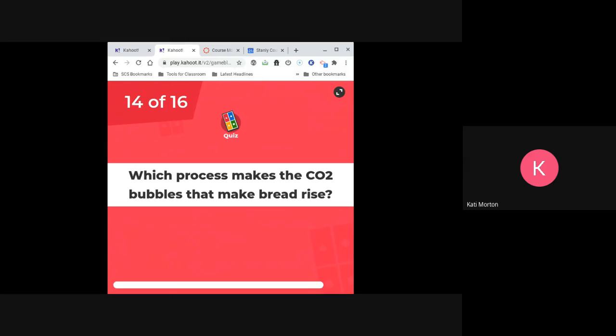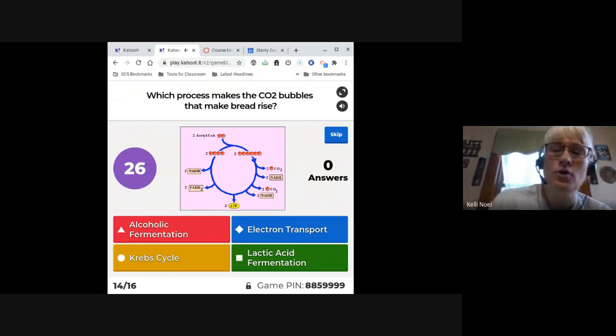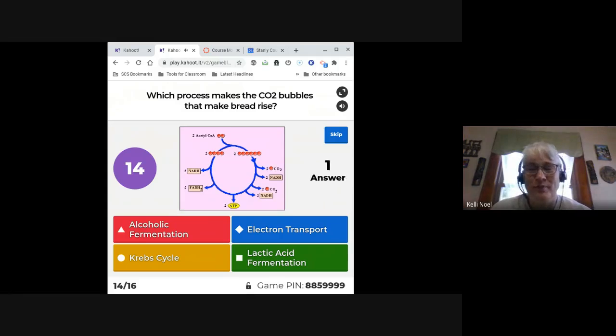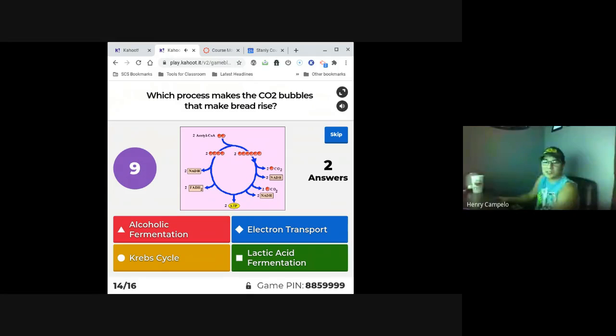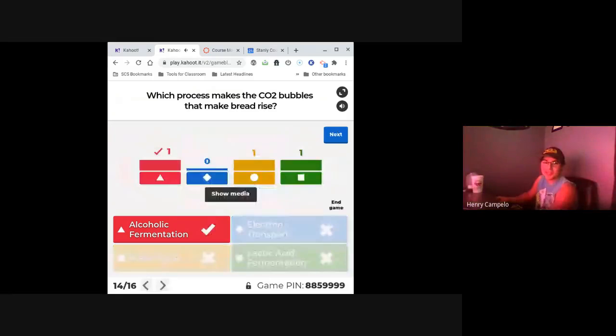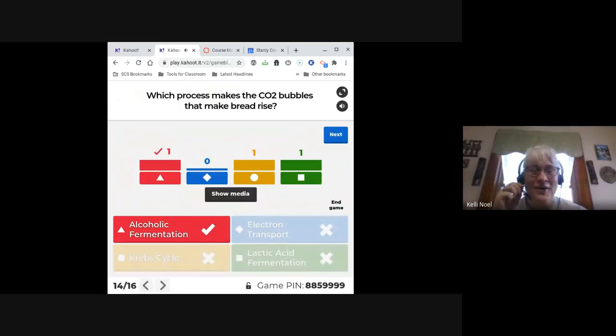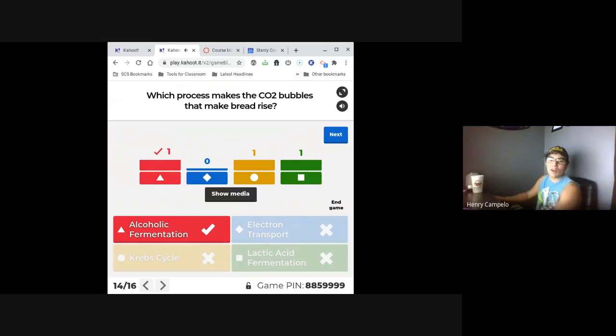What process makes carbon dioxide bubbles that make bread rise? It's also how you make beer. Alcoholic fermentation. That's how you make beer.